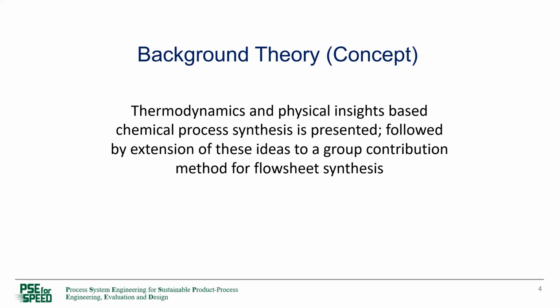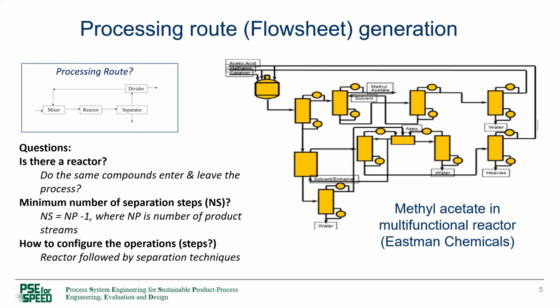On the right-hand side, you see a process flowsheet. After the first yellow box, which is the reactor, all the other yellow boxes are separation units. And the separation units are to separate the 4 compounds that are coming out of the reactor. So when we want to do synthesis, we need to ask, is there a reactor?